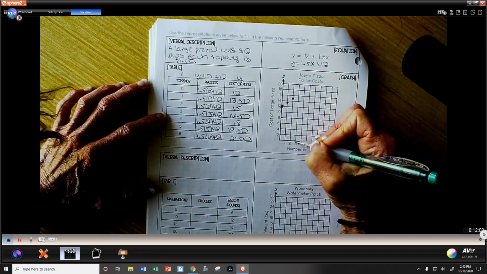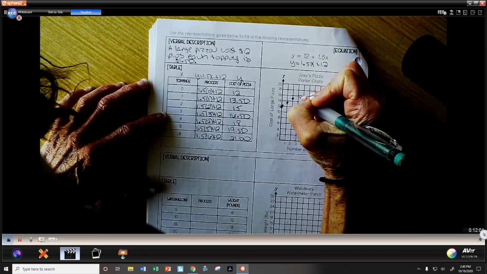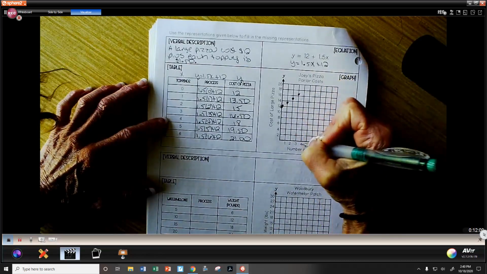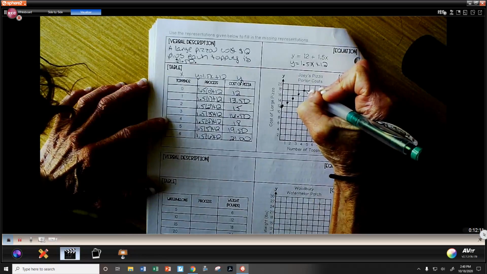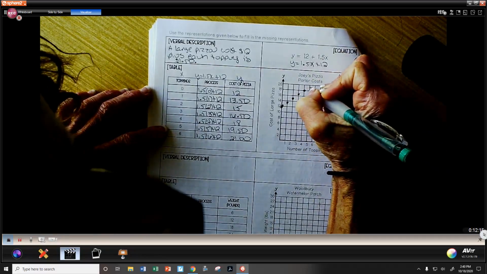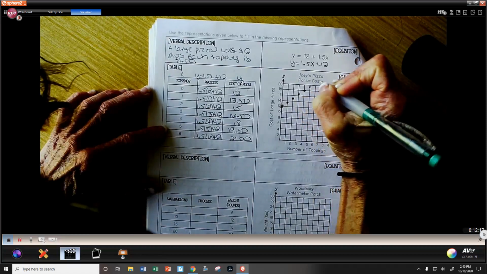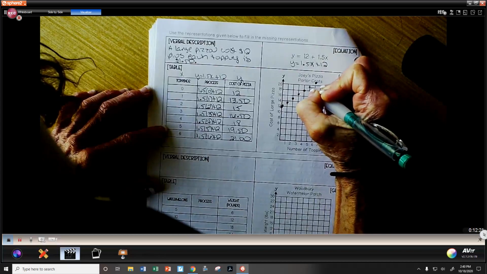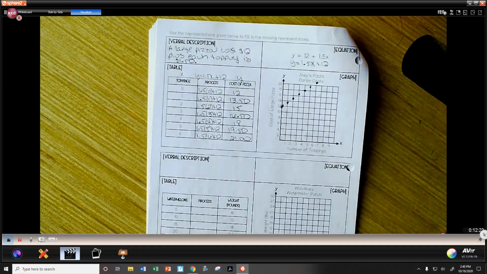Here's 15. Then 3, $16.50. So here's 16, so it's going to be way down here. 4 is 18. 5 is $19.50. And 6 is going to be up over the line. There, it came out pretty straight.